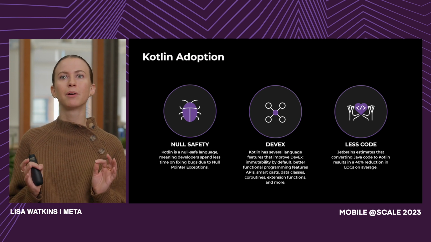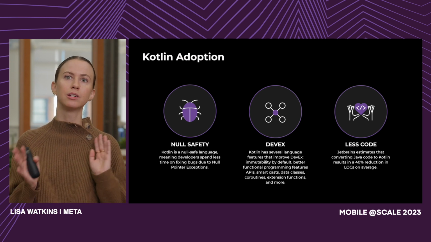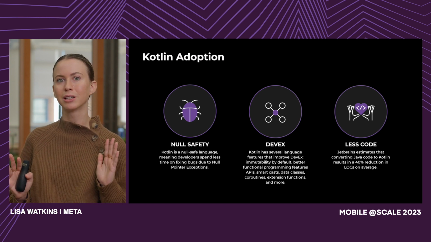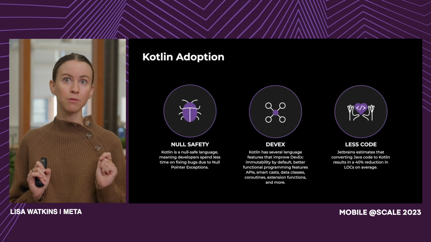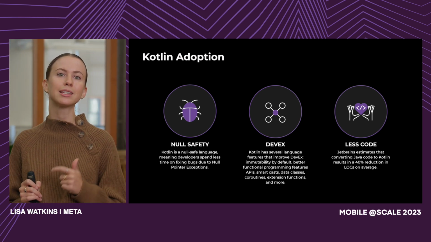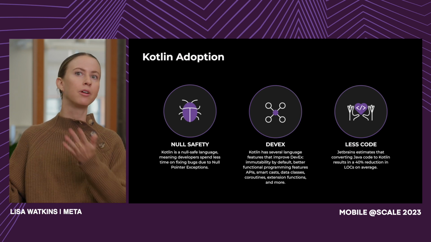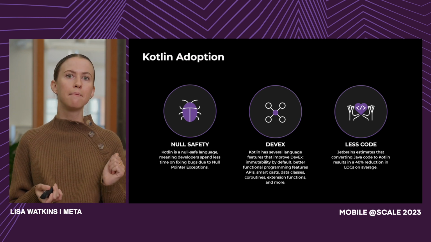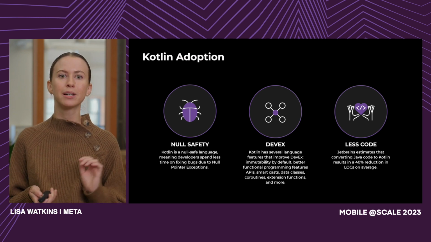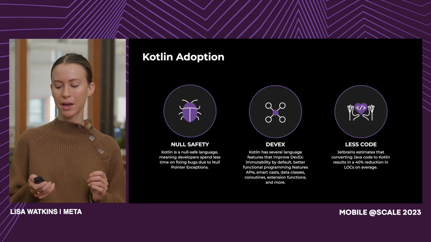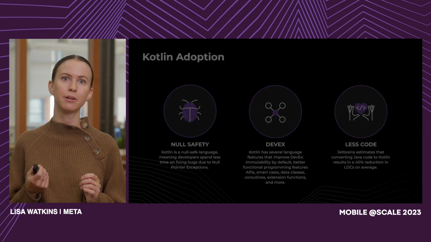JetBrains also benchmarks that for the same program written in Java versus Kotlin, the Kotlin version will have about 40% fewer lines of code. Less code means easier diff reviews, less to maintain over time, and less legacy code that just becomes tribal knowledge in the future. App reliability and developer experience are very compelling reasons to invest in Kotlin, but a third reason is pretty simple.